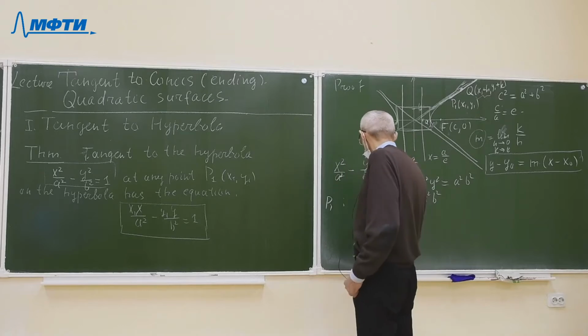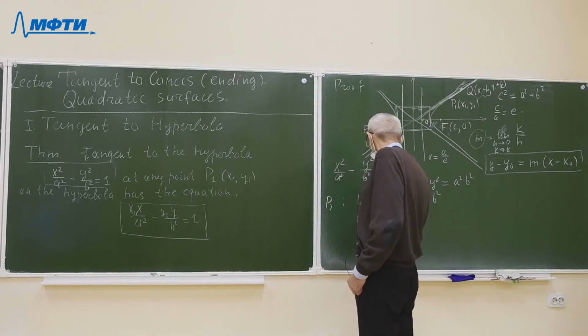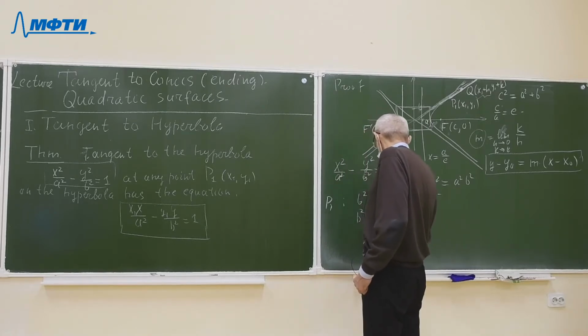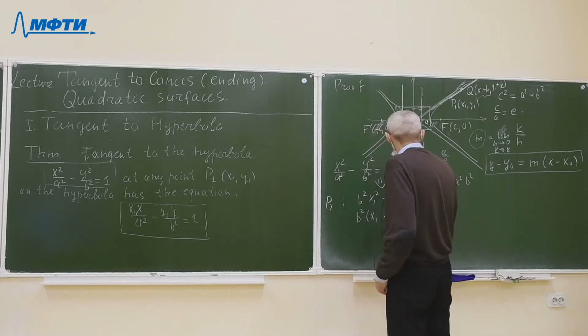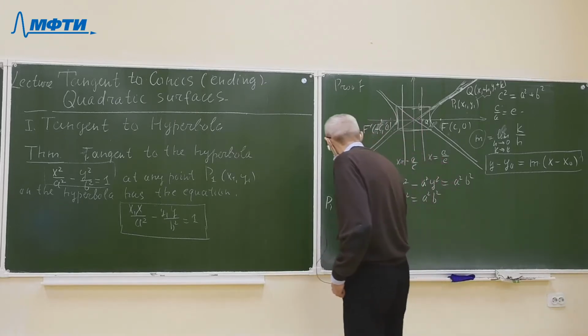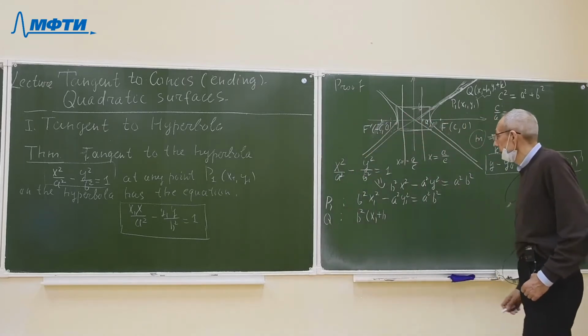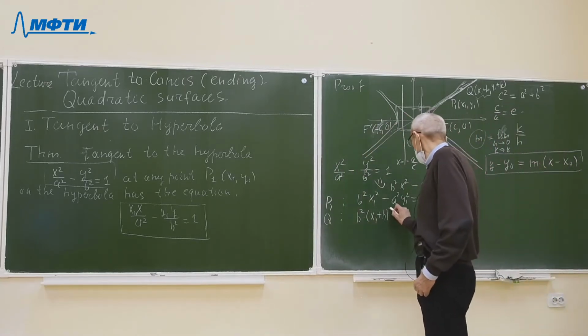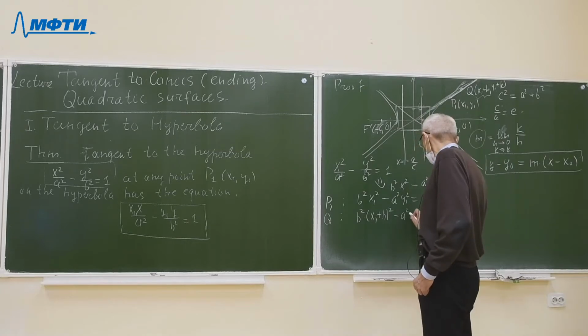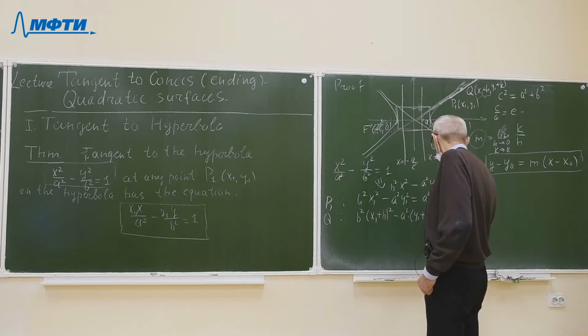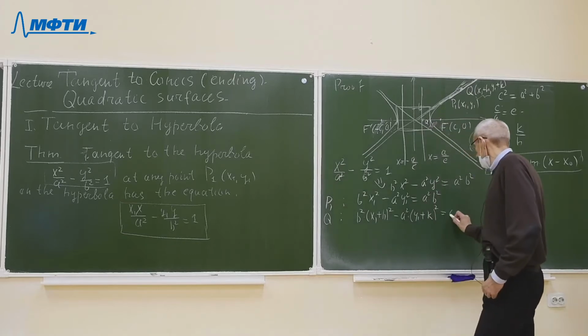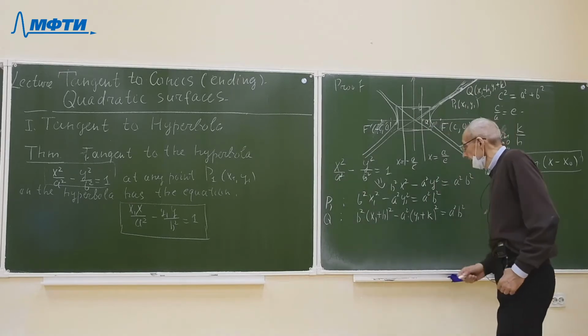And the other equality for the coordinates of the point Q: b square times (x1 plus h) square minus a square times (y1 plus k) square is equal to a square b square.